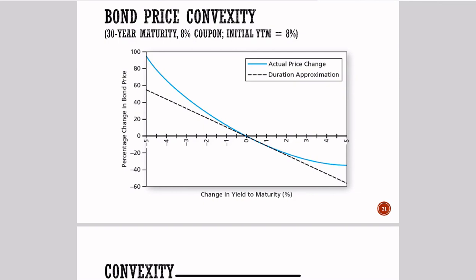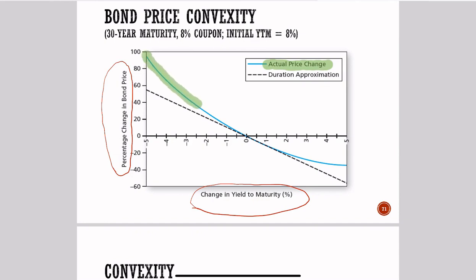We want to think about how the percentage change in bond price is related to the change in yield. We know that there is convexity in bond price, so the actual price change should be convex. So we should look at this line.